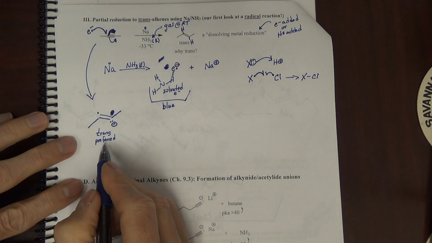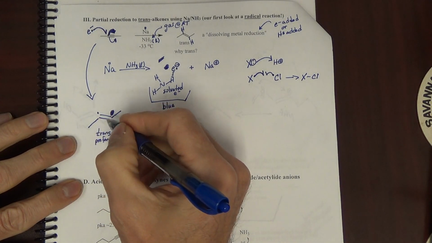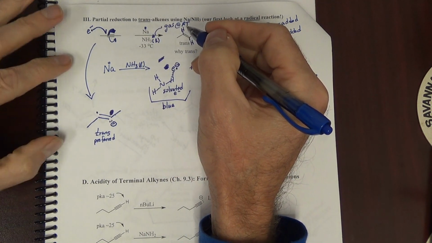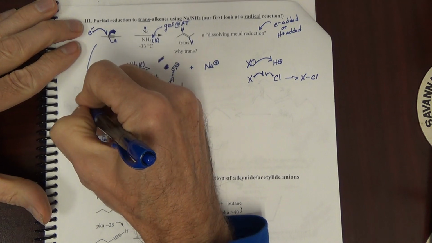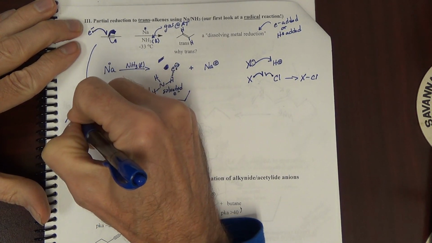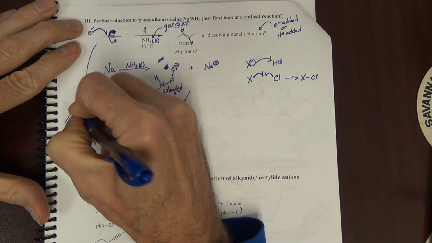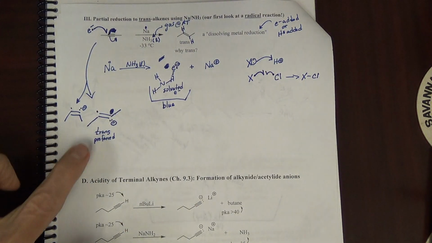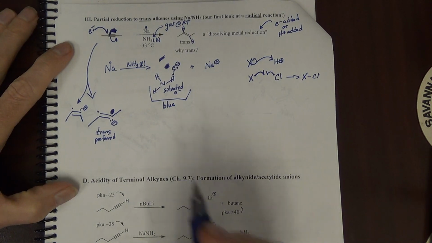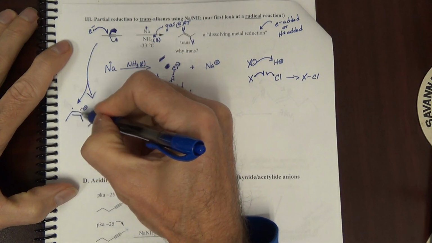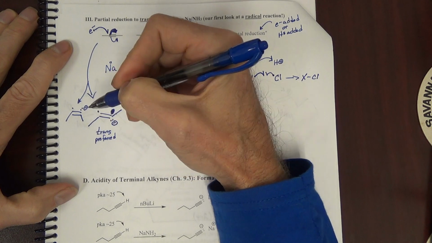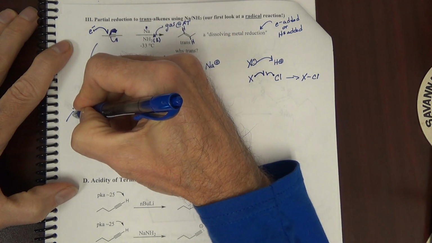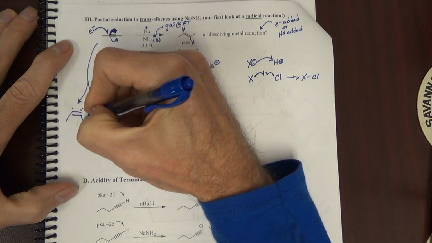And trans is preferred simply because the groups have more space. It had a choice. I mean, we could have proposed the groups being cis, but this would have been higher in energy because the groups are cis to each other.